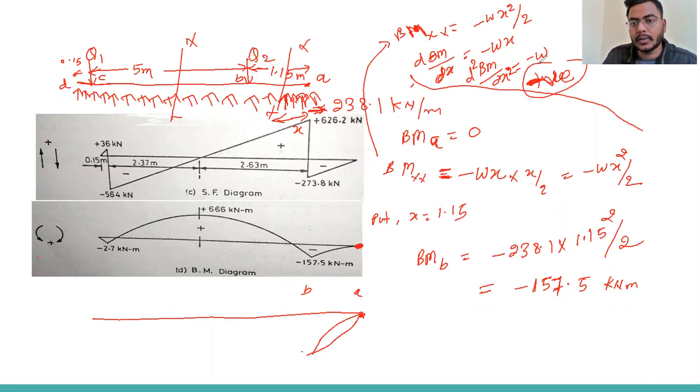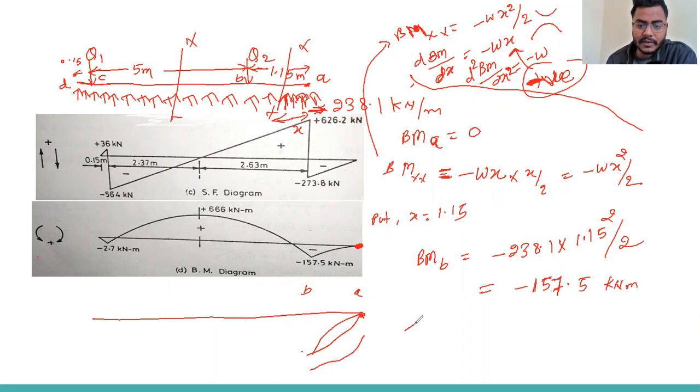It means the slope is continuously decreasing. When the slope is decreasing, we say there is a concave downward. This is concave downward and this is concave upward. So by doing this operation, suppose it comes positive, it means we will draw like this.